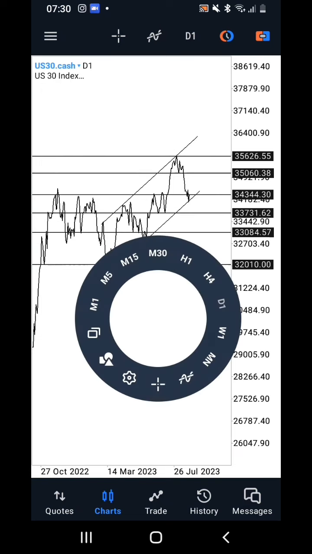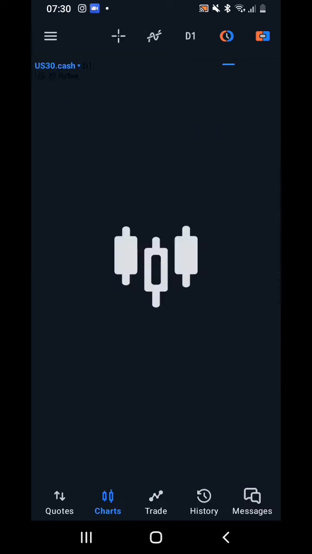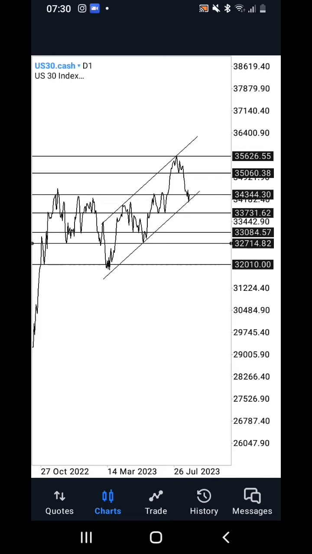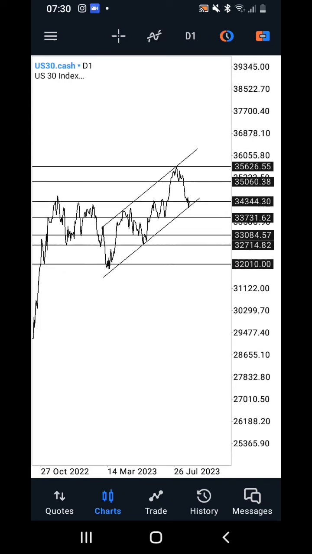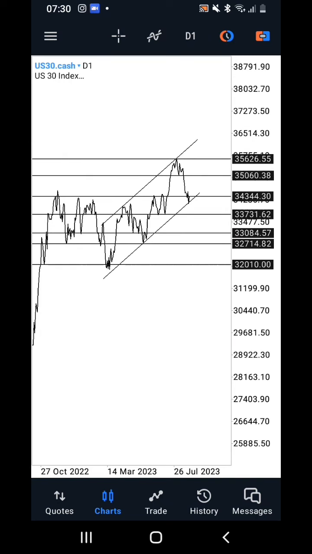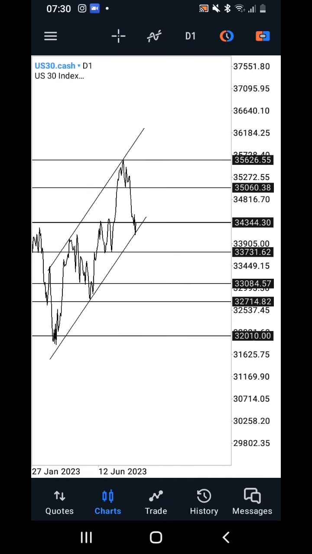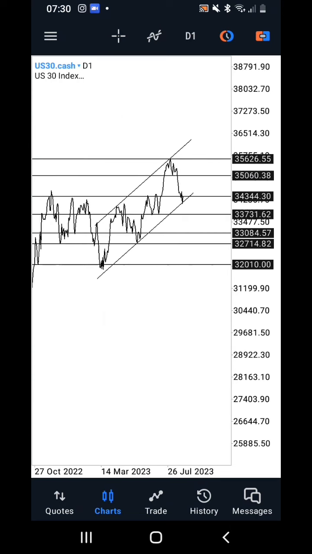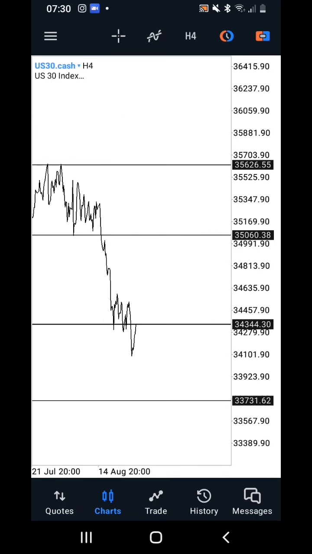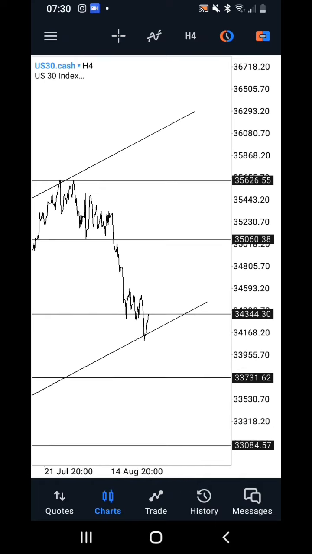But if things change, then I know where to sell to, because I also have support lines drawn on the chart. This is the easiest way you can analyze any currency, foreign exchange, stocks, pair. It's the easy strategy, which is the trend line trading strategy combined with channeling and the horizontal support and resistances as well.